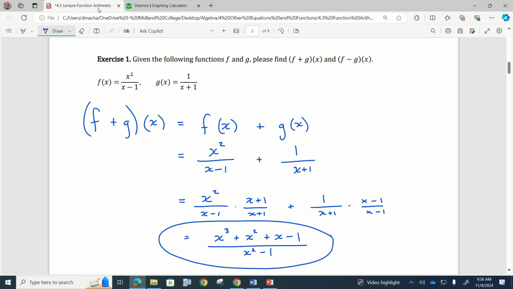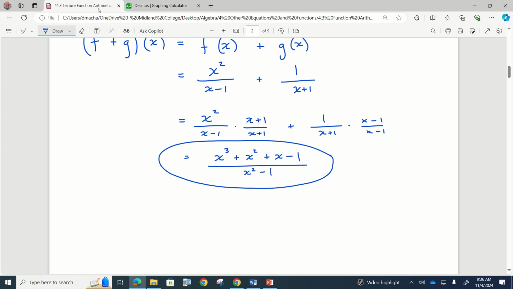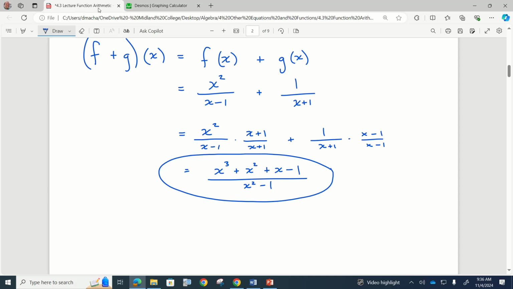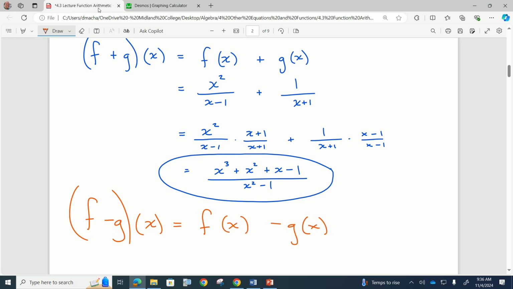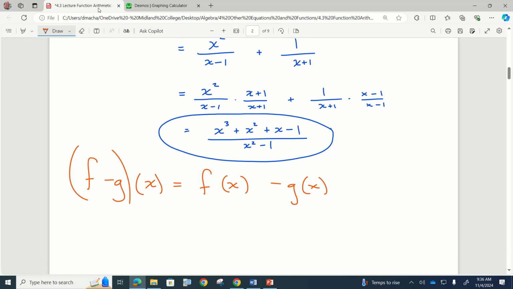So then the other thing you can do is subtract these functions. I could say, what is f minus g of x? And that is just f of x minus g of x. And you proceed doing everything exactly the same way, right? F of x is x squared over x minus 1.